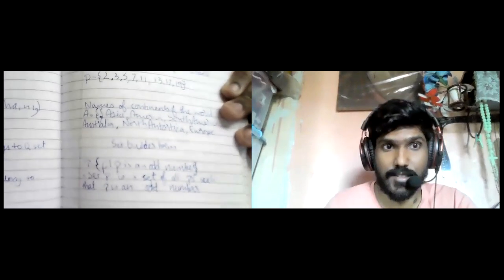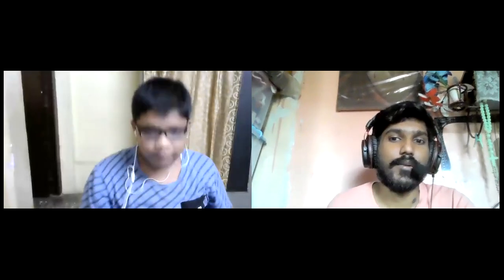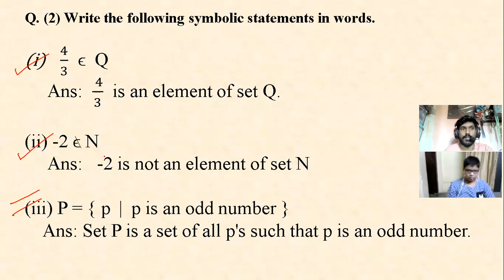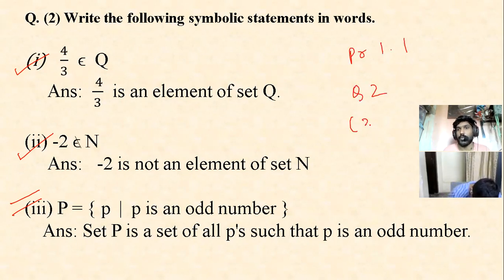Put the numbers, otherwise later on you could get confused. Practice set, write the heading also properly. Practice set 1.1, question number 2, the third one you're doing. Write all these things. Done, sir. Okay.